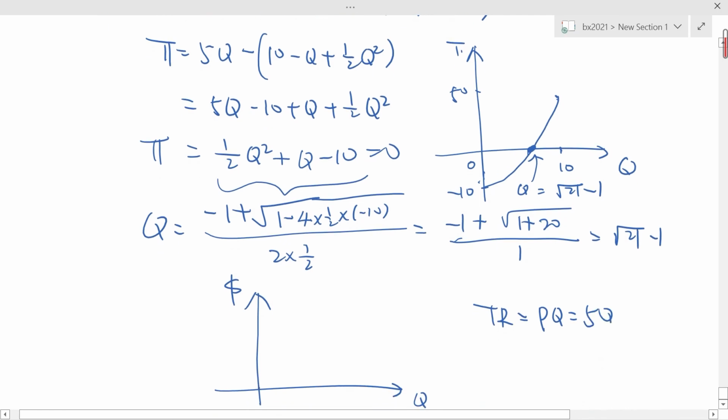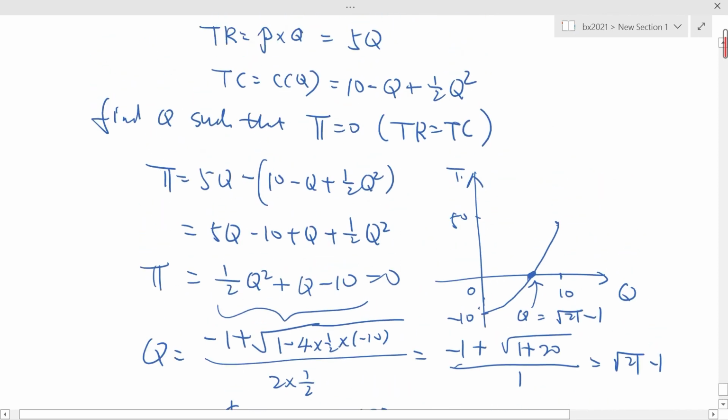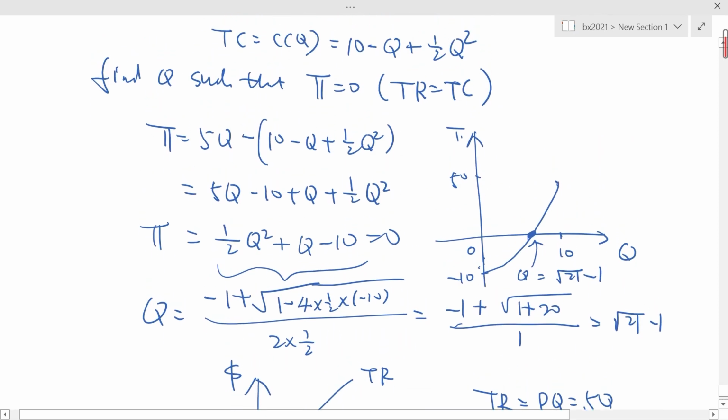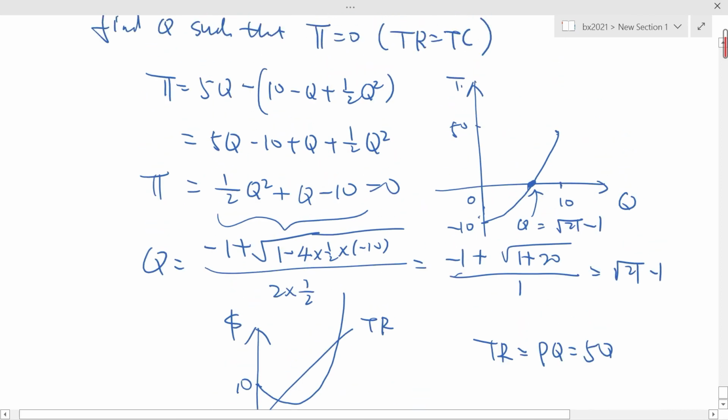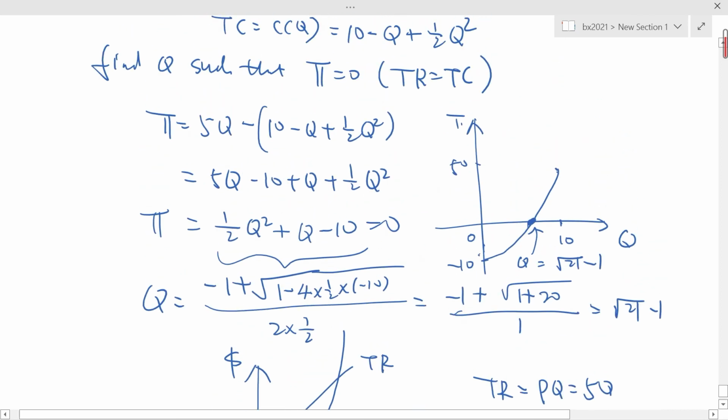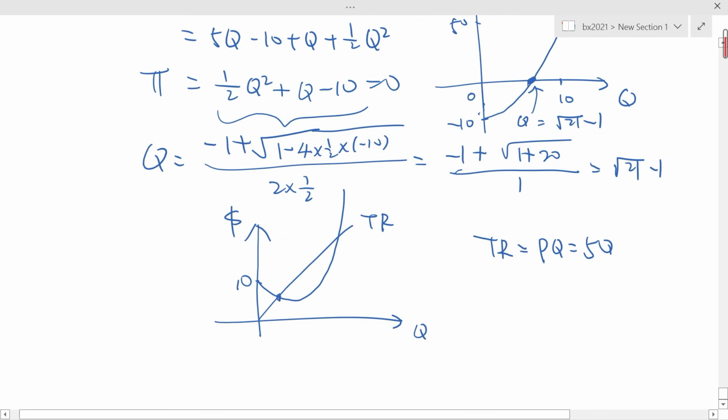So this is total revenue. Total cost is something like this. So break even should be here. That's the break-even level of output.